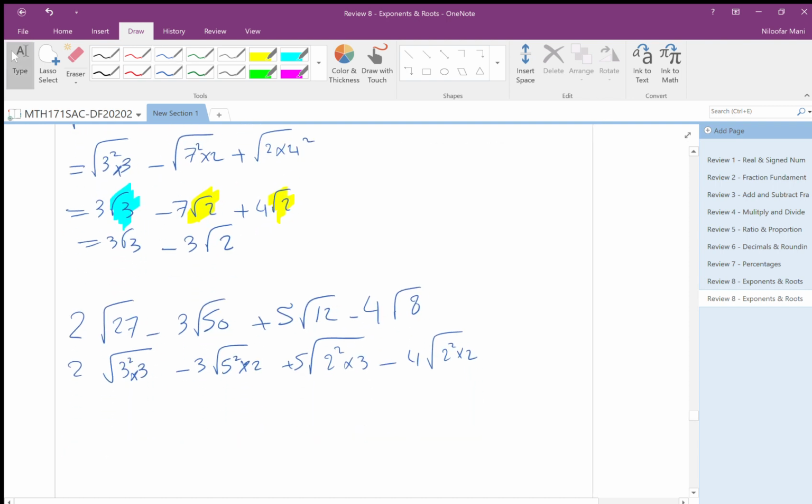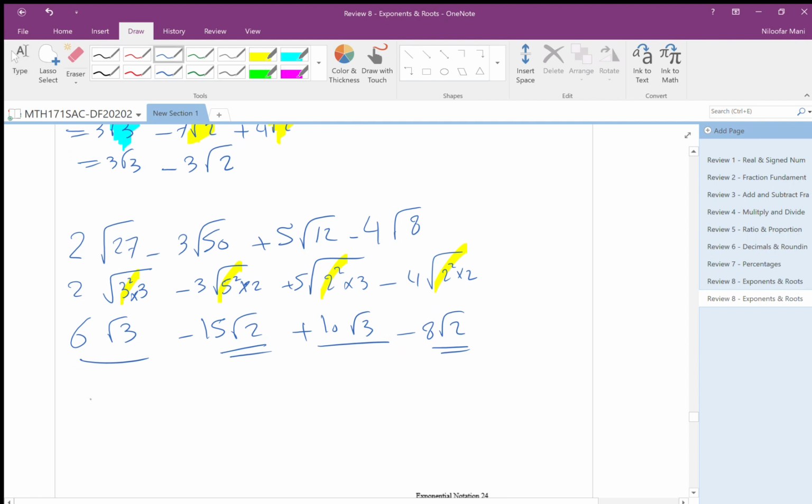And then you bring out what you can: this out, this out, this out, and this out. So it is 6 radical 3 minus 15 radical 2 plus 10 radical 3 minus 8 radical 2, and then combine this one and this one, and this one and this one.